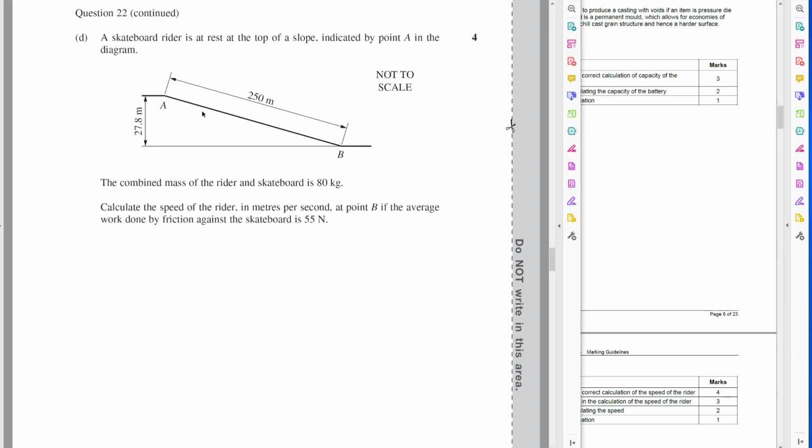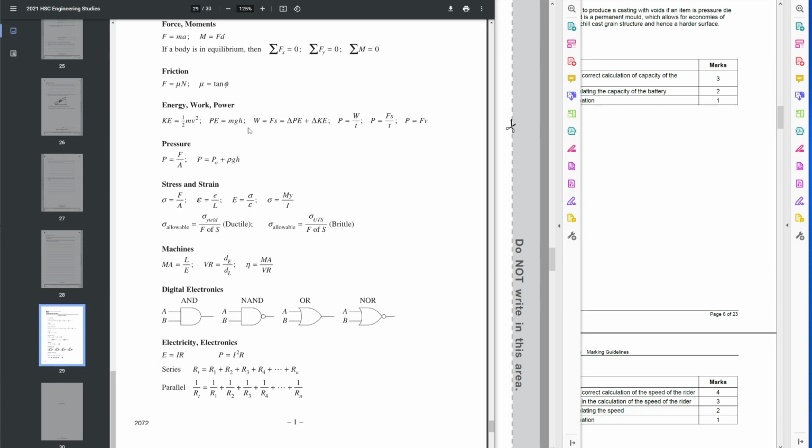Because typically in a question like this, it's pretty easy for us to convert potential energy to kinetic energy, right? We kind of expect that. If we go on the formula sheet, work equals force times displacement, which is also equal to the change in potential energy and the change in kinetic energy.